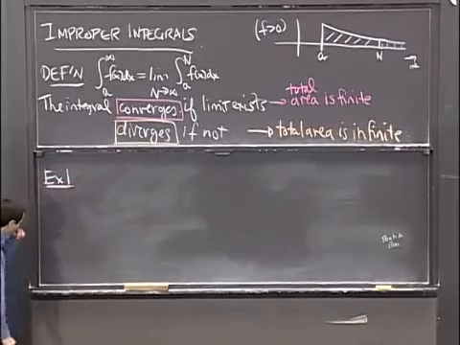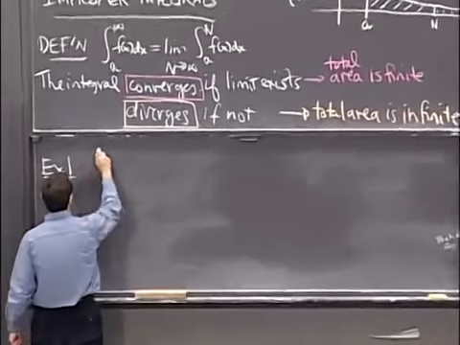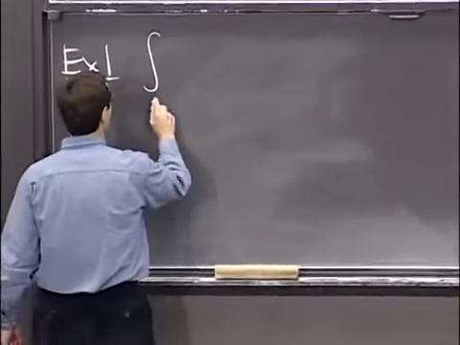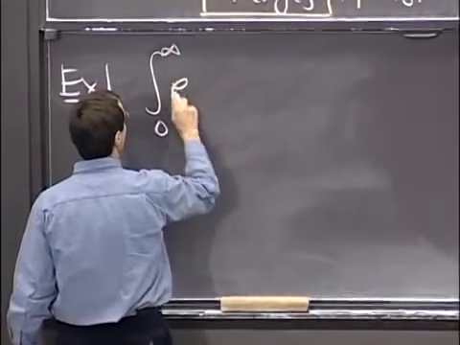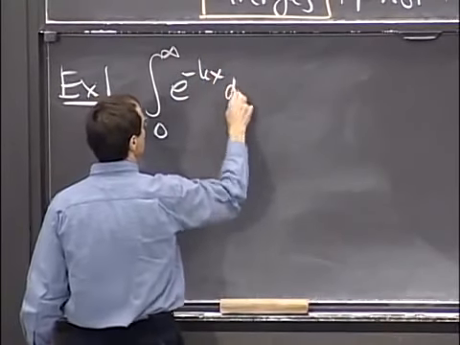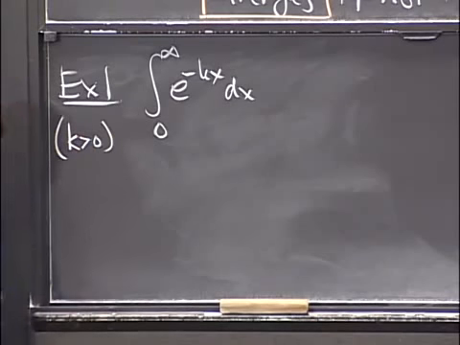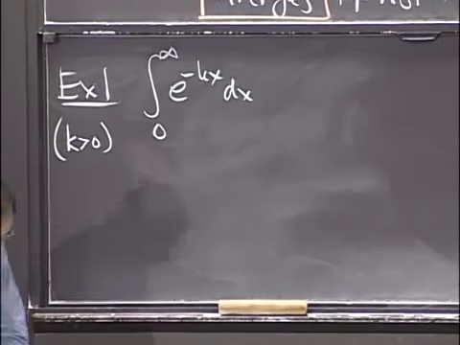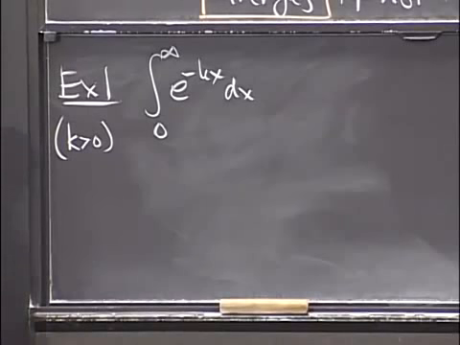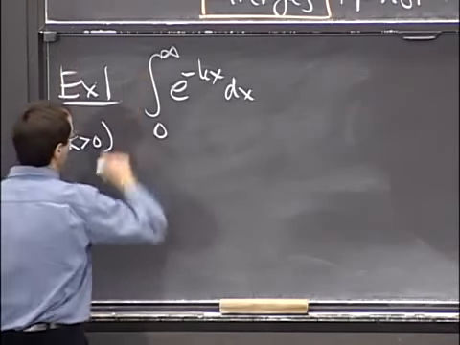The first example is the integral from 0 to infinity of e to the minus kx dx, where k is going to be some positive constant. This is like the most fundamental, by far, of the definite integrals.